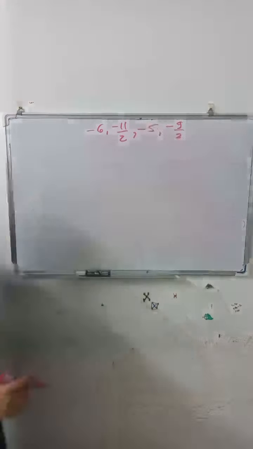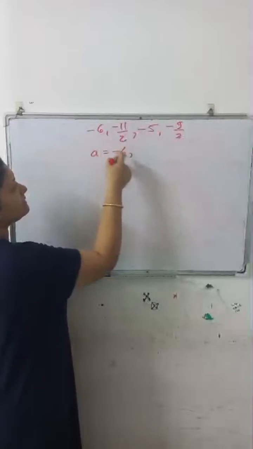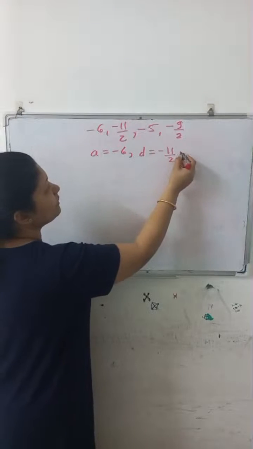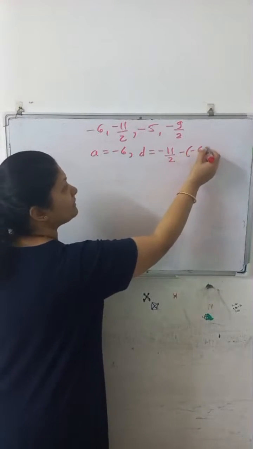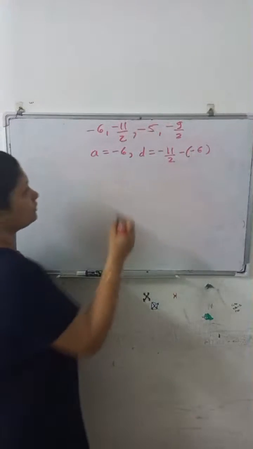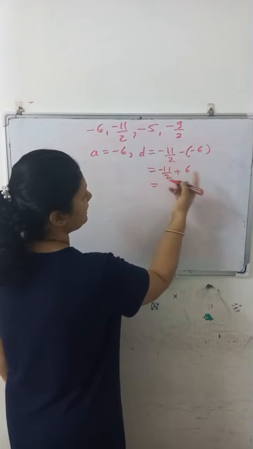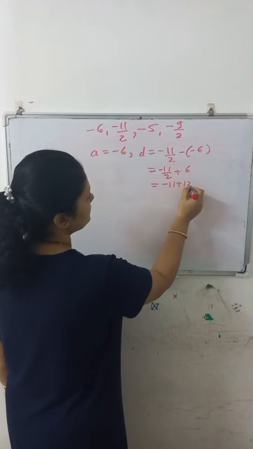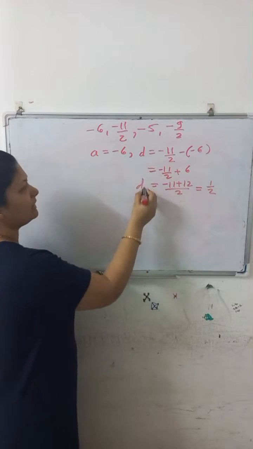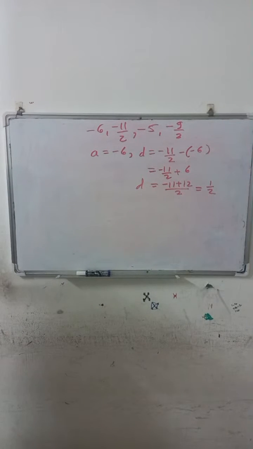So from this, A is minus 6 and D is nothing but minus 11 by 2 minus of minus 6. Don't forget, people make mistakes here. So minus 11 by 2 plus 6, take the LCM: minus 11 plus 12 divided by 2, that is equal to 1 by 2. This is the common difference. So D I got as half.